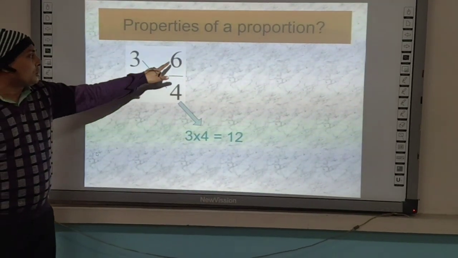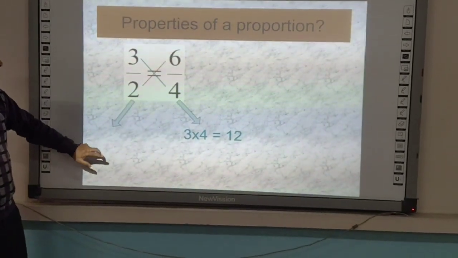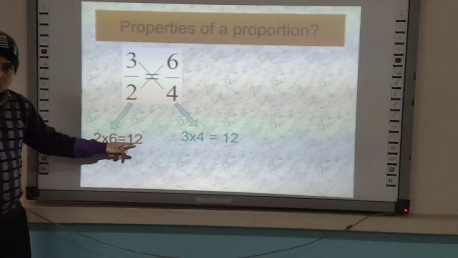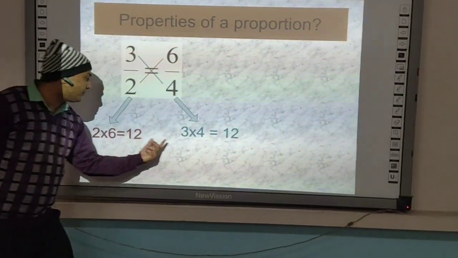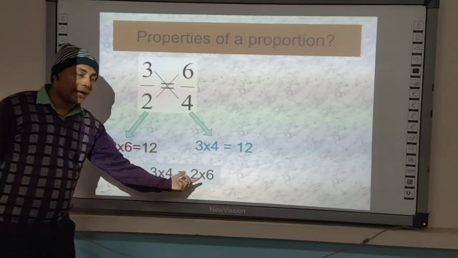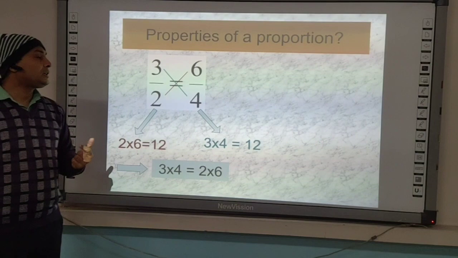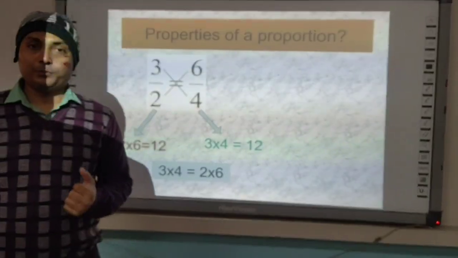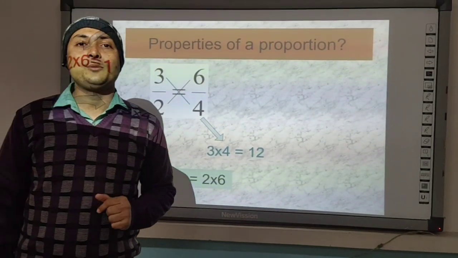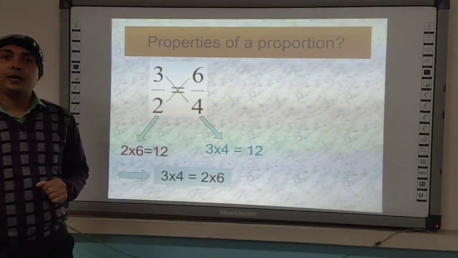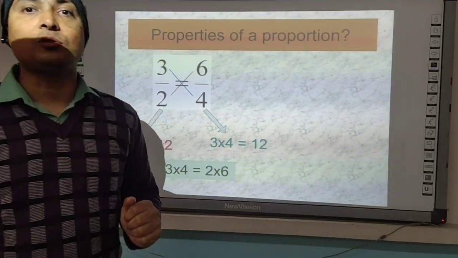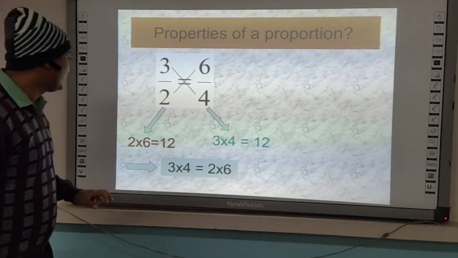Similarly, when you cross multiply 2 with 6, that is 2 into 6, that is also 12. So we are getting 12 on both sides. It is the property of proportions. When two ratios are equal, their cross multiplication will also be equal. And with the help of it, we can solve many problems.